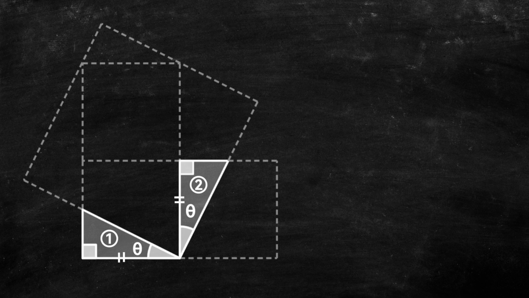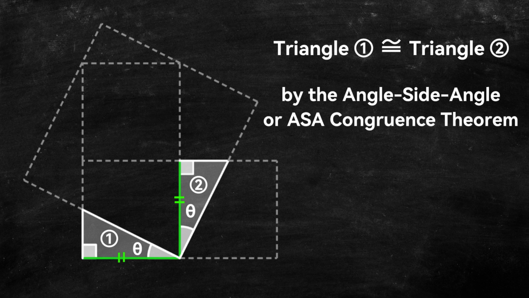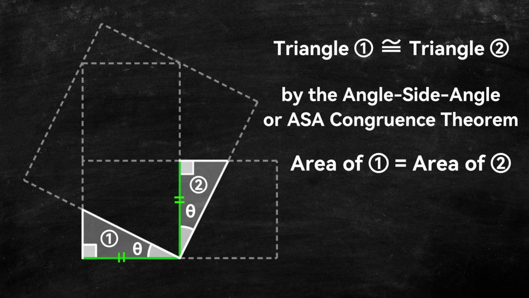Since both triangles have 2 identical angles, namely theta and right angle, and the side between those 2 angles are congruent, we can conclude that triangle 1 is congruent to triangle 2 by the angle side angle, or ASA, congruence theorem. Congruent triangles means that the triangles have the same area.